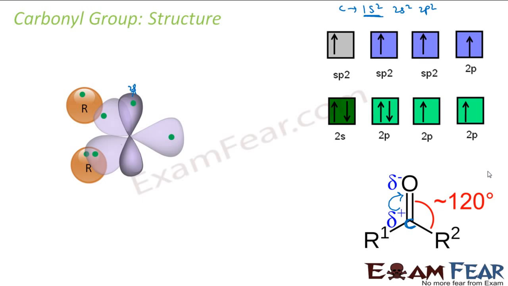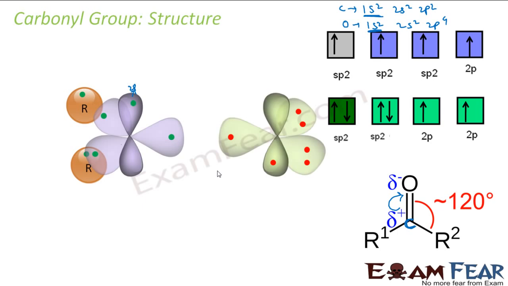For oxygen, the electronic configuration is 1s2, 2s2, 2p4. This is how it looks. Since 1s2 is not taking part in the reaction, the 2s and 2p take part. Now this is how it becomes.